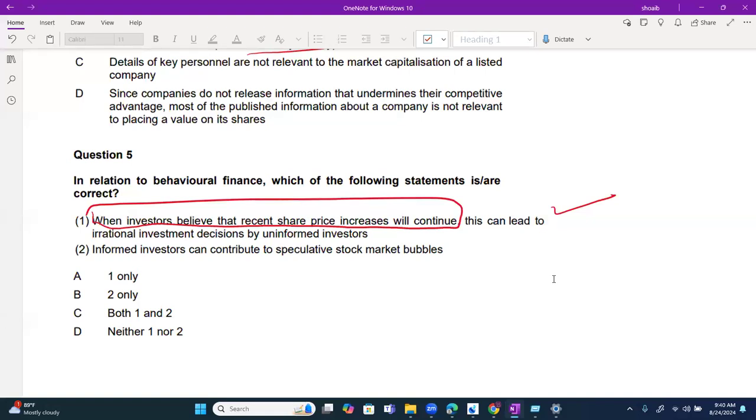Share prices are going up. Like if you remember, there was a real estate bubble even in Pakistan. Real estate prices are going up, stock prices are going up. Will you buy at that time? And you know when this will end. Will you buy?